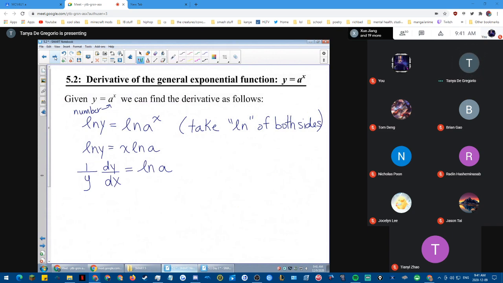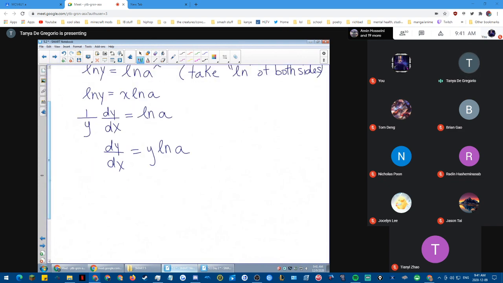Okay? Okay, and now we solve for dy dx. And so to solve, I just have to multiply by y. But we know that y is equal to a to the x. And this is the derivative.